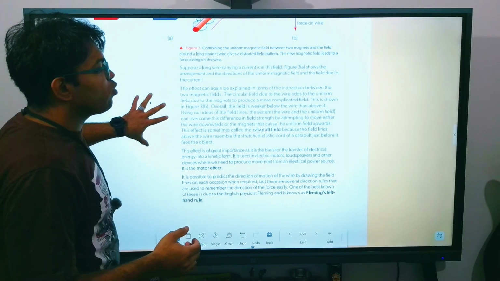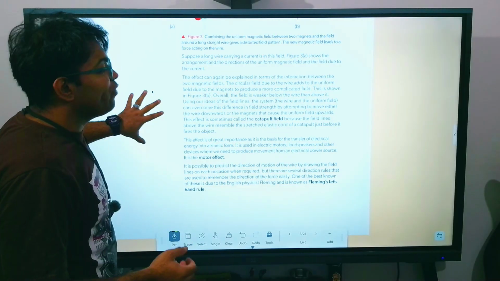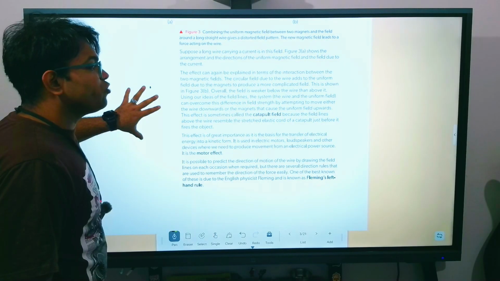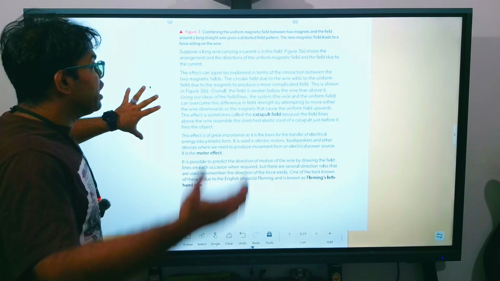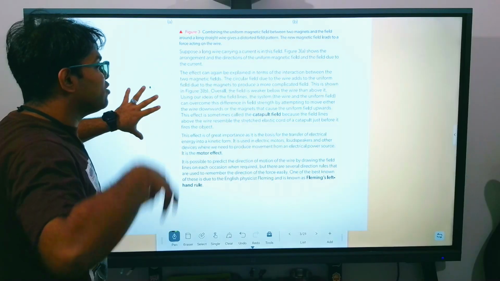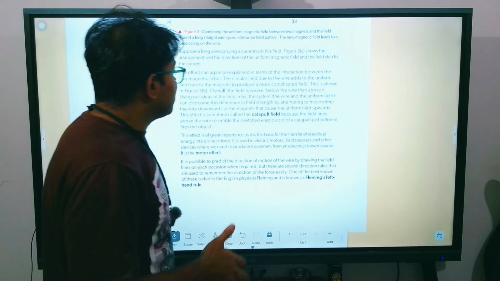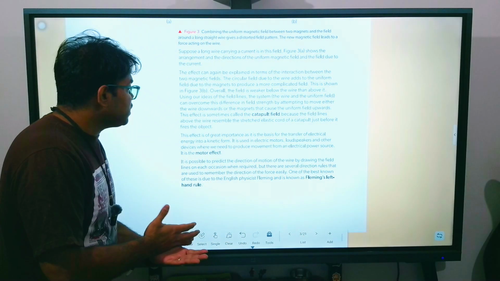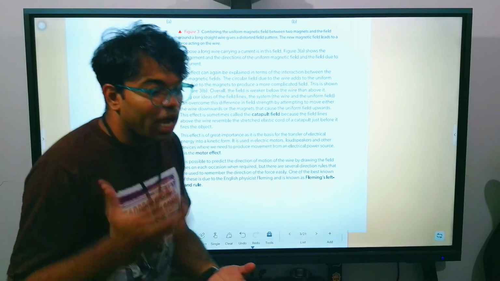This effect is sometimes called the catapult field because the field lines above the wire resemble the stretched elastic cord of a catapult just before it fires the object. This effect is of great importance as it is the basis of the transfer of electrical energy into kinetic energy.